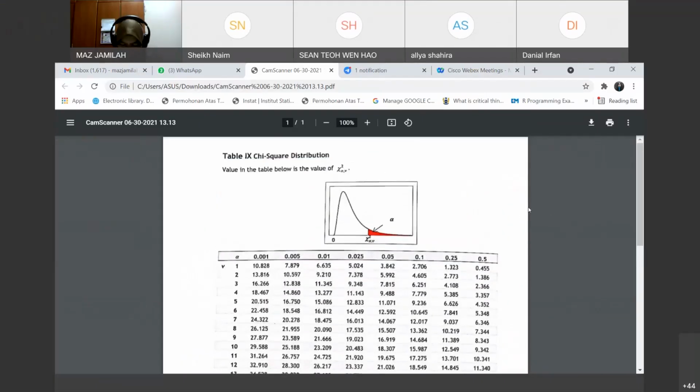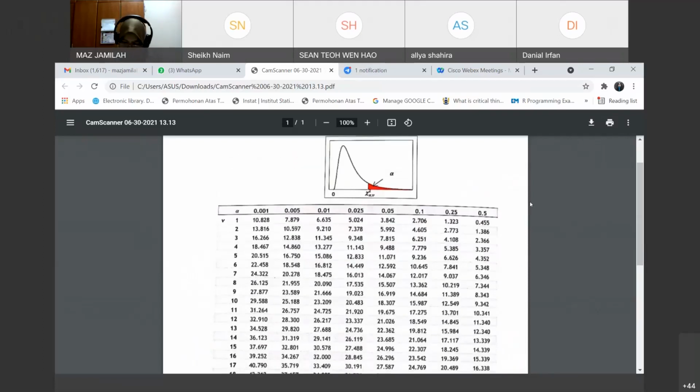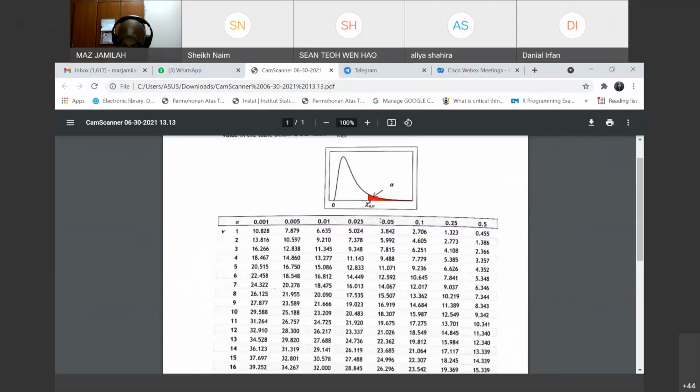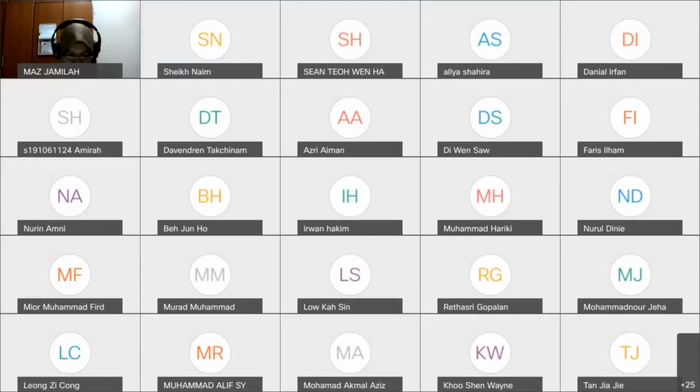You have your V, that is your degree of freedom, K minus 1, and alpha in the first row. You are looking for 0.05, which is this one, and K minus 1 is equal to 2. That's why you get 5.992. So that's how you get your chi-square critical value.